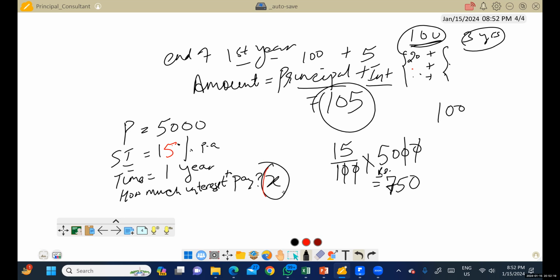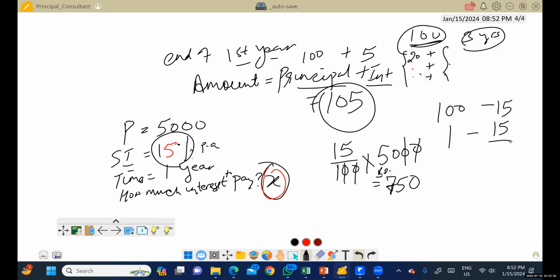The interest. For every 100 rupees that she borrows, she pays 15 rupees. When we say 15%, it means out of every 100 rupees, she pays 15 rupees. Out of every 1 rupee, will she pay less or more?